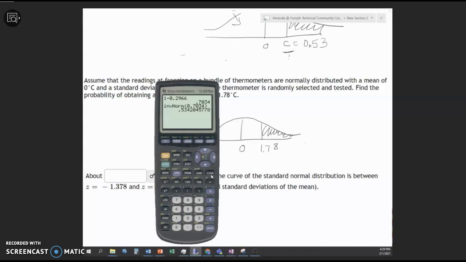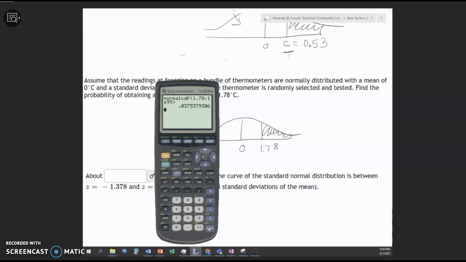So I'm going to clear this out and say second bars, go down to normal CDF, that's number 2. And our lower endpoint this time is 1.78. And our upper endpoint this time will be actual infinity, not negative. So I will say 1 second comma, which is double E 99. Our calculator will think that means infinity.